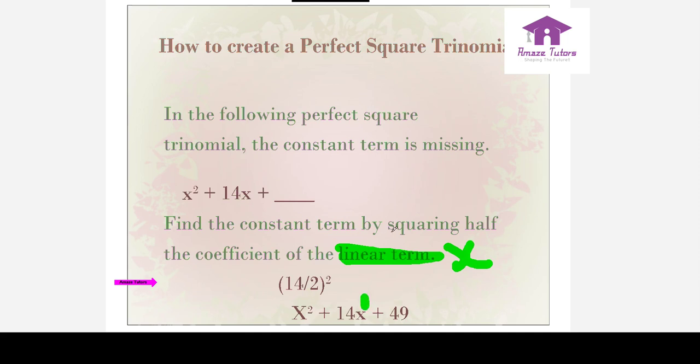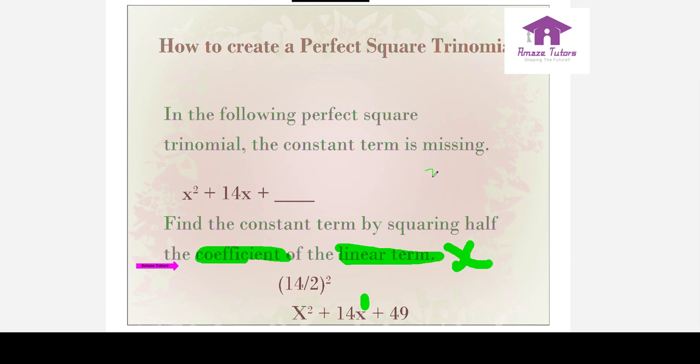We take the coefficient, which is the number coming along with the x, the constant multiplier multiplied by x. You consider that, divide by 2 because it is halving, and square the same. So let me repeat: find the constant term by squaring the coefficient of the linear term divided by 2.